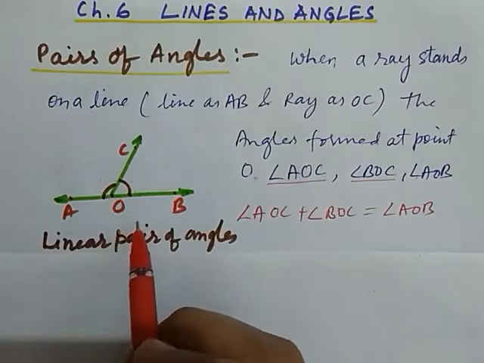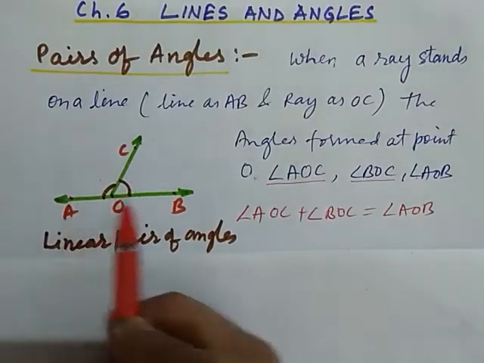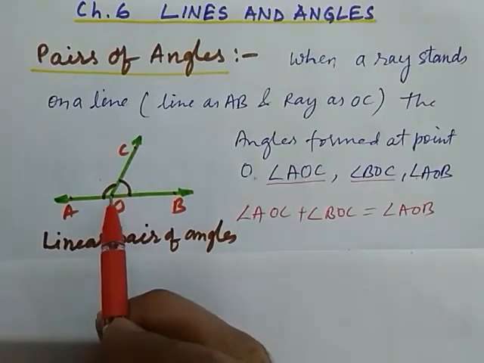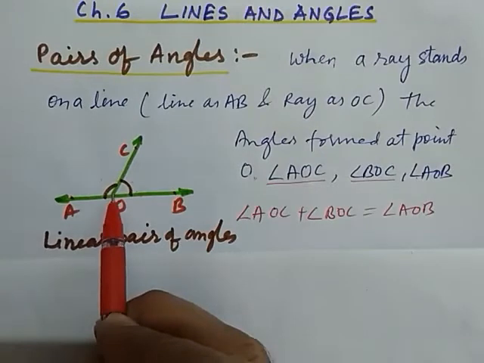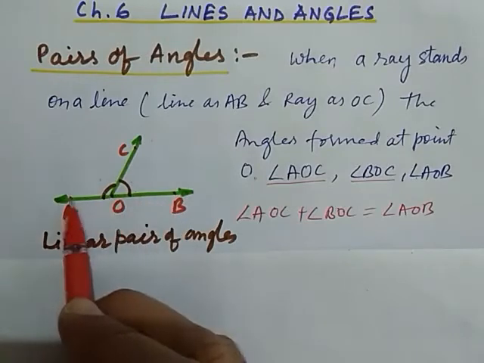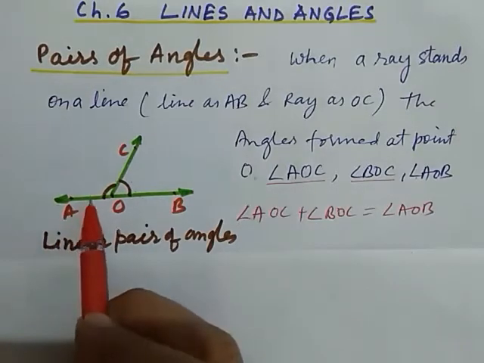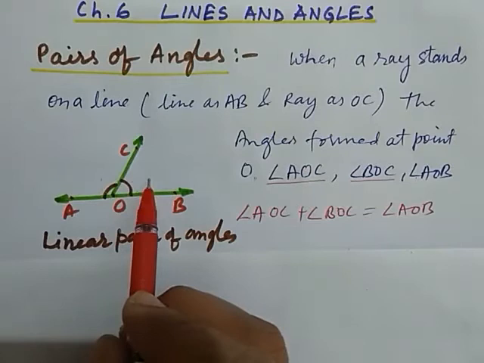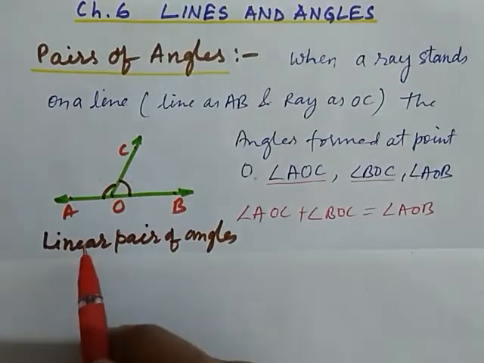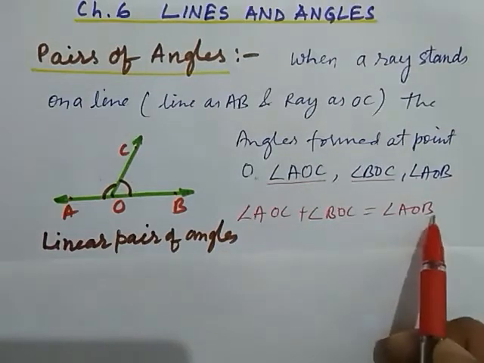That's why we call it a linear pair of angles. Linear pair means two angles having a common vertex and the outer arms stretch as a line, then they form a linear pair of angles. Pair means they are two angles and they make a line, so we call them a linear pair of angles, as angle AOC plus angle BOC equals angle AOB.